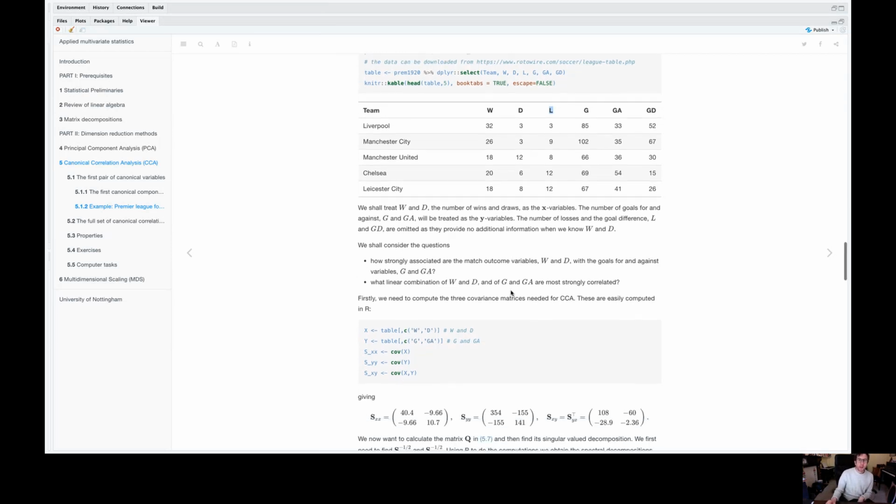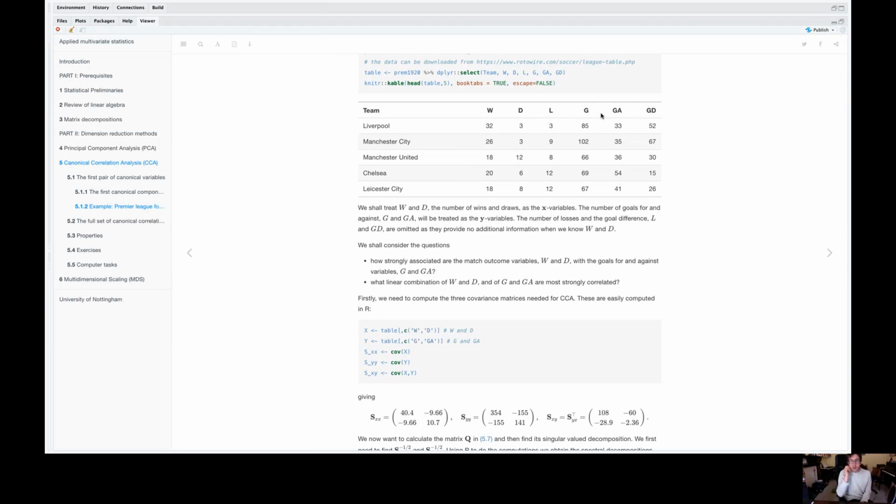So the questions we're going to consider are things like, how strongly are the match outcomes, so wins and draws, related to the goals for and the goals against? And what linear combination of the wins and draws is most strongly correlated with what combination of the goals for and goals against?